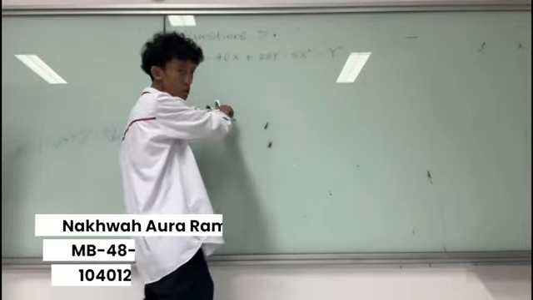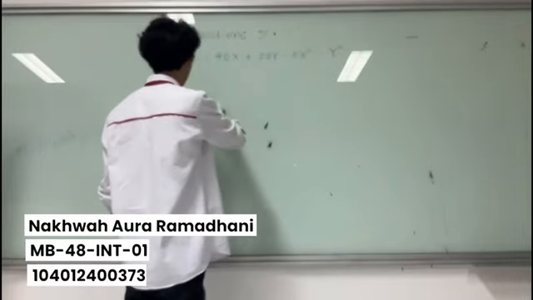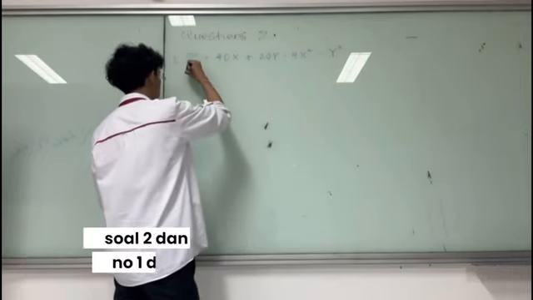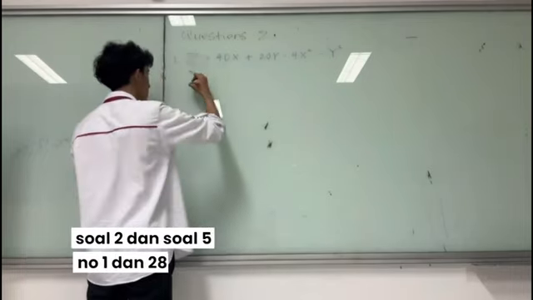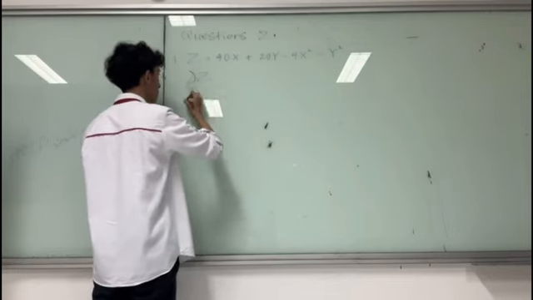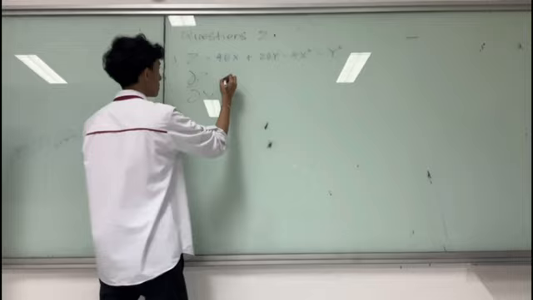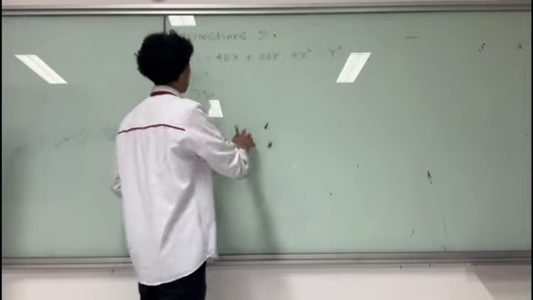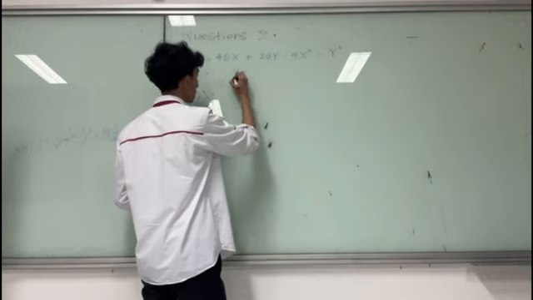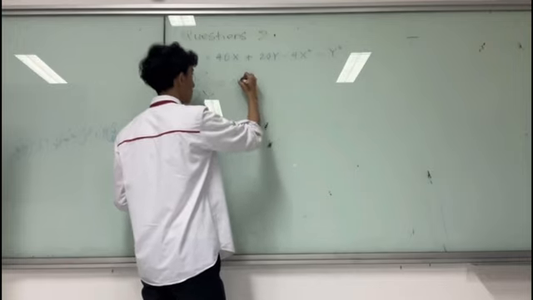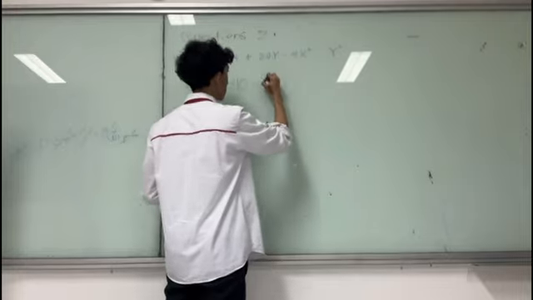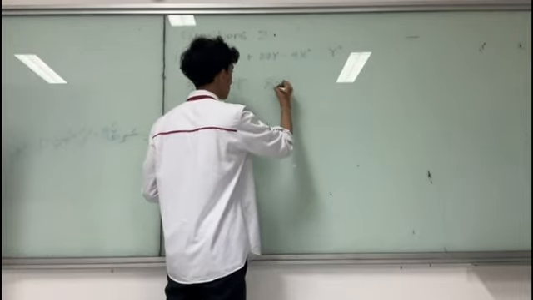Yeah, the stationary point. So for this one, we are going to make the first derivative. So this would be 40 minus 8x.